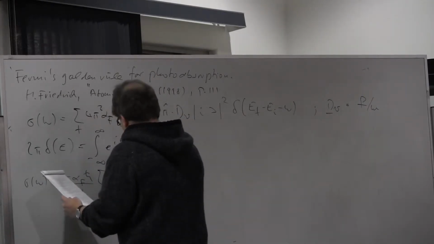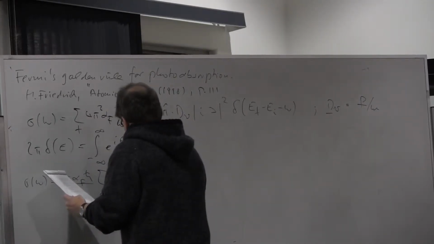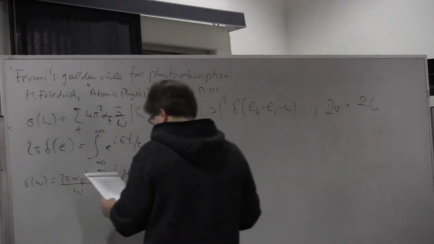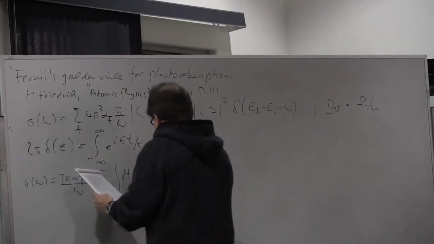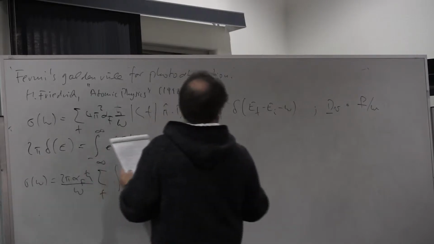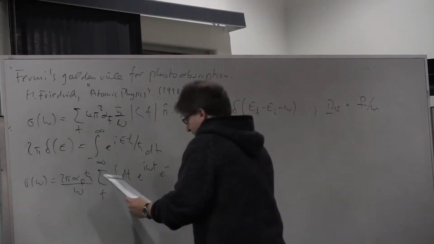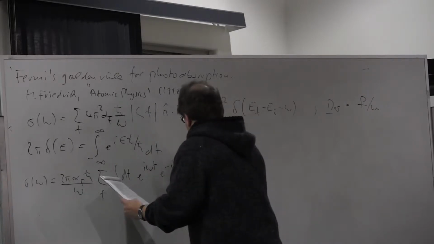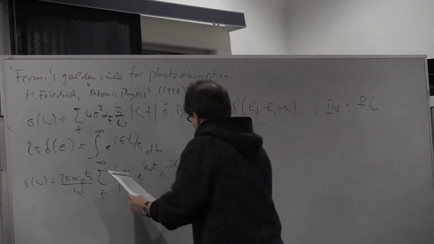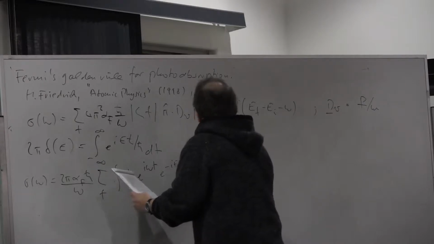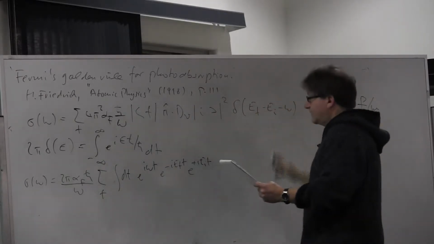We still get the sum, and now we get the integral. I write it here because I always forget dt in the end. So e to the i omega t, e to the minus i E_f t, e to the plus i E_i t. That's essentially from here.